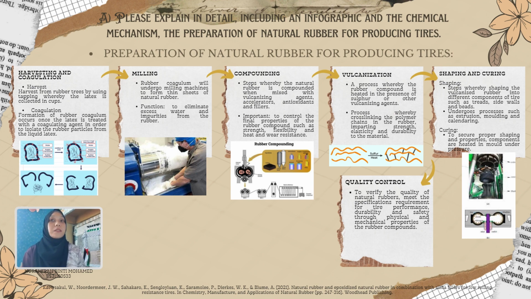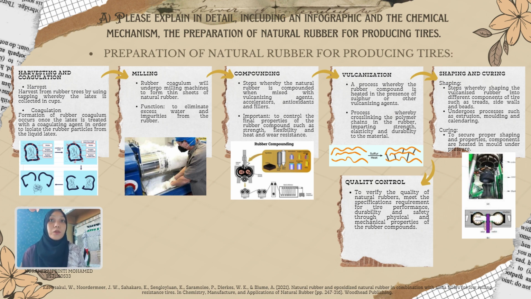Next is milling, whereby the rubber coagulum will undergo a milling machine to form thin sheets of natural rubber, which is used to eliminate excess water and impurities from the rubber. Next is compounding, whereby the natural rubber is compounded when mixed with vulcanizing agent, which is sulfur, accelerator, antioxidant, and filler.